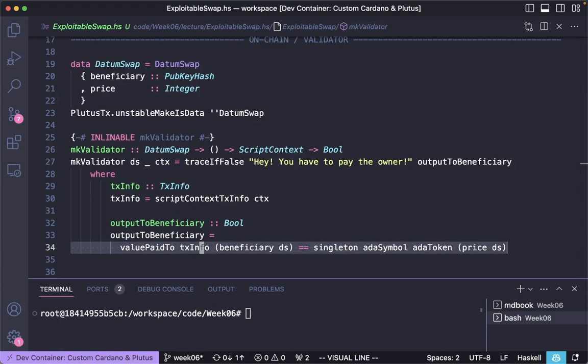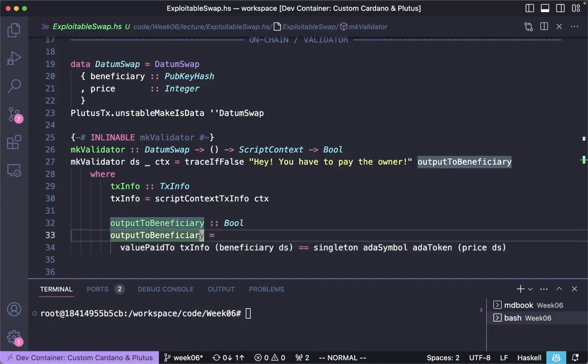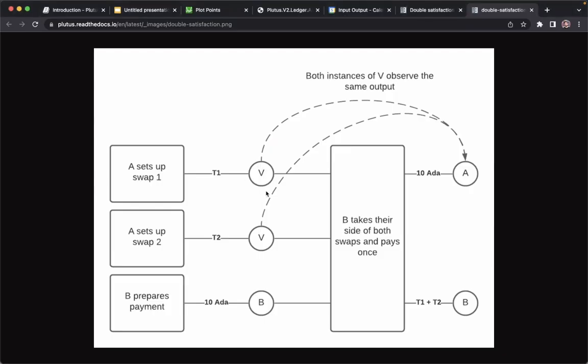Now, this kind of works, but it has a huge vulnerability. What if I create two outputs with the same price? In that case, a malicious person could consume both UTXOs and only pay for one, because we only check that whoever consumes the UTXO has to pay us this predefined price.